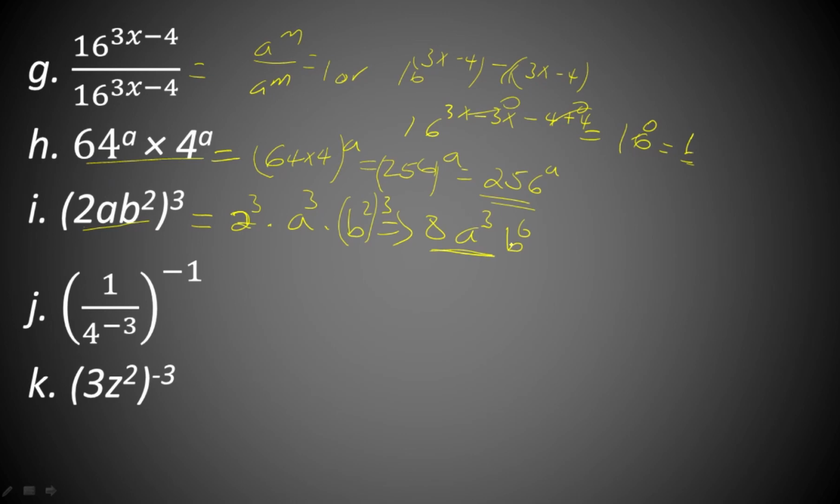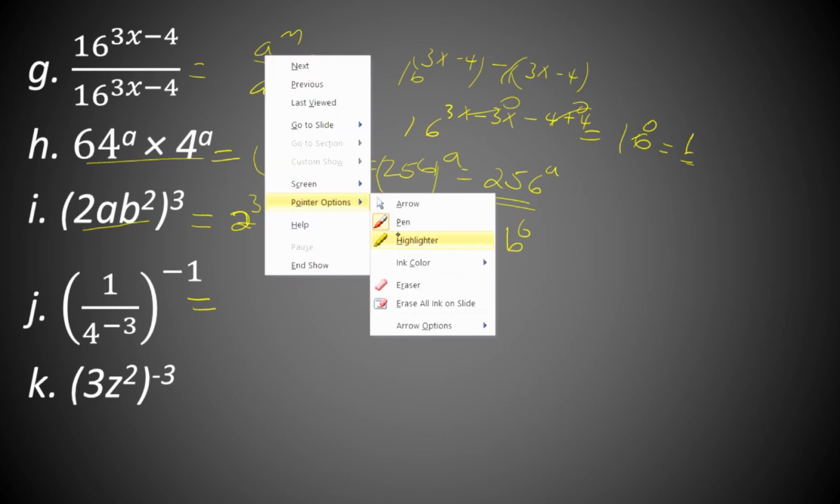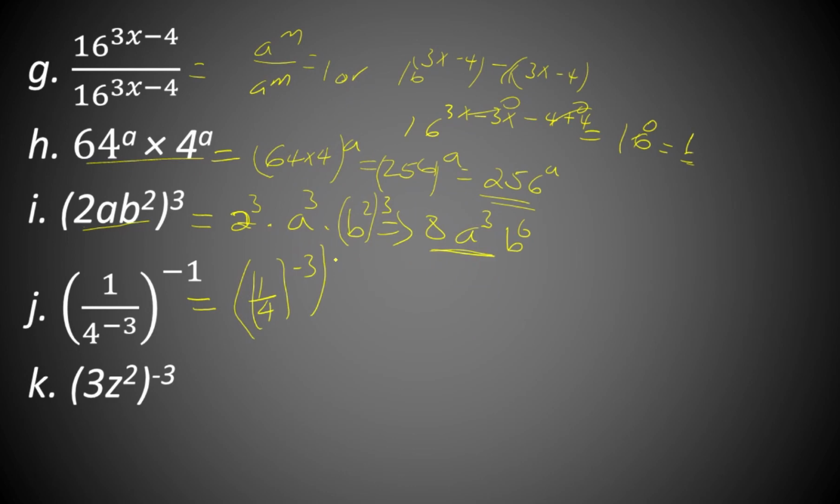For part j, we have 2 negative exponents. We can do it in different ways. The first one: since the number 1 to any power is itself, we can write this as 1 over 4 to the power of minus 3. We can express the inner one like this, again the whole to the power of minus 1.